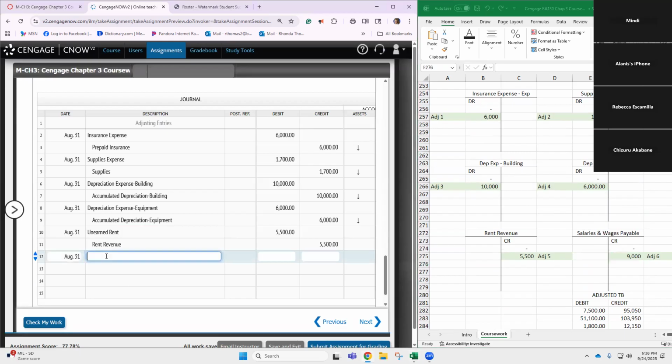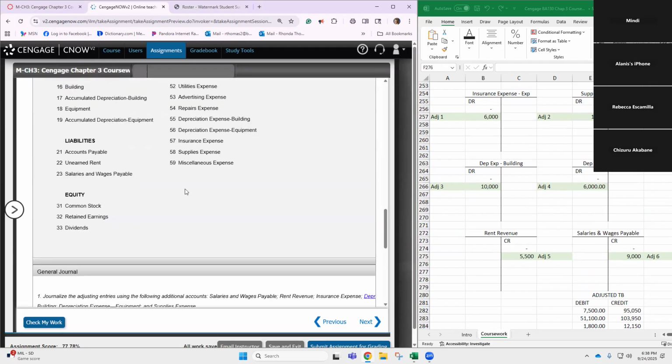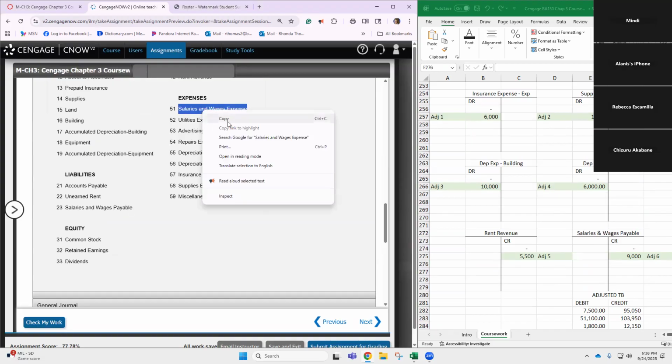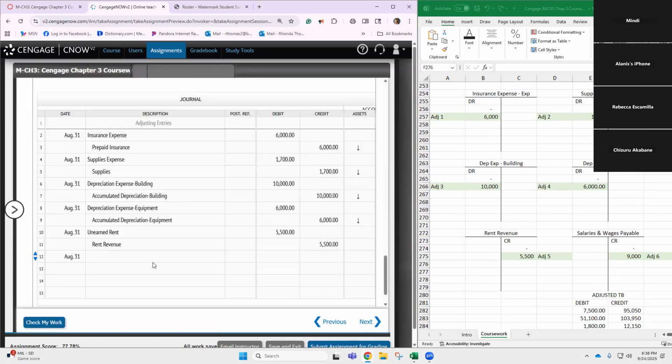So now let's put our journal entry in. So we want salaries and wages expense. So let's go find that expense so we don't have to type it all in. And in accounting software, you would actually pick the name of that account, right?